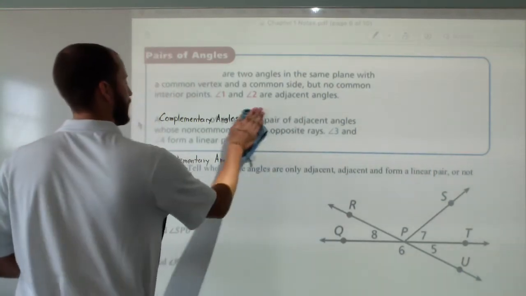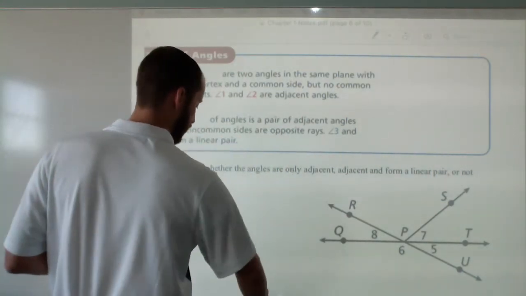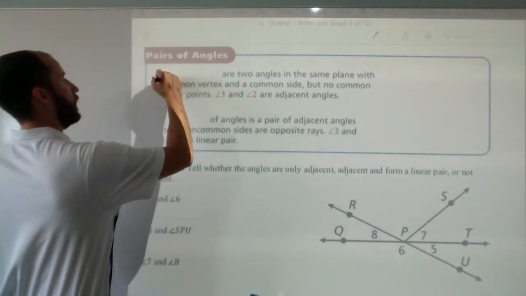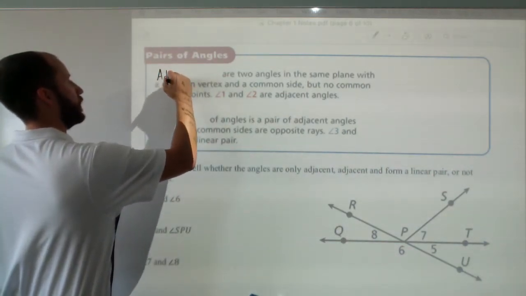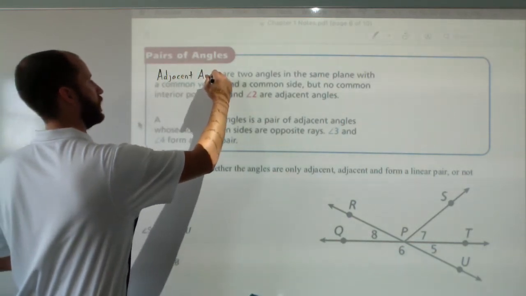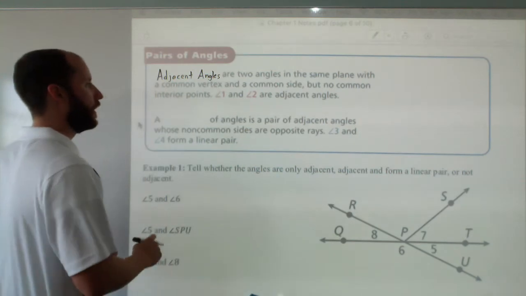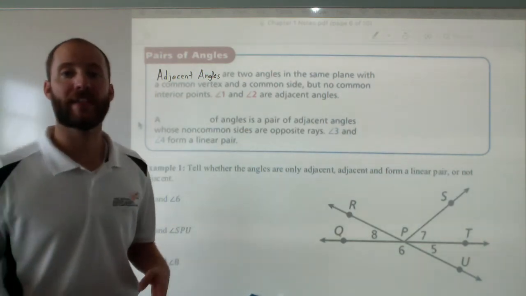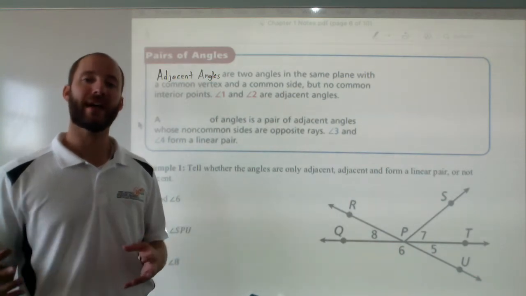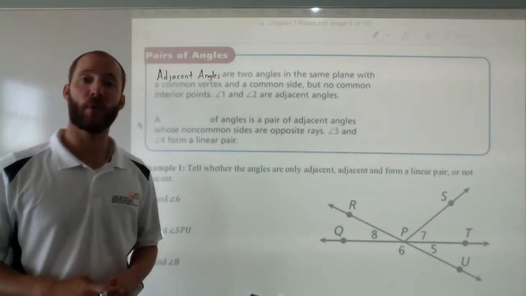Now this is where we get into a little more specifics and we need a bit of a checklist, okay? Adjacent angles are two angles in the same plane with a common vertex and a common side, but no common interior points.